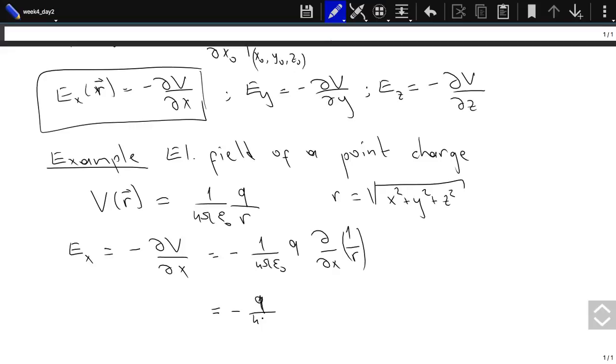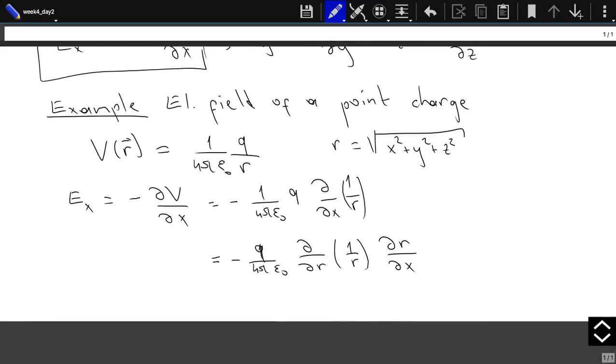Minus q over 4 pi epsilon 0, derivative with respect to r of 1 over r, times the derivative of r with respect to x. Minus q over 4 pi epsilon 0. What is the derivative of 1 over r with respect to r? Minus 1 over r squared.